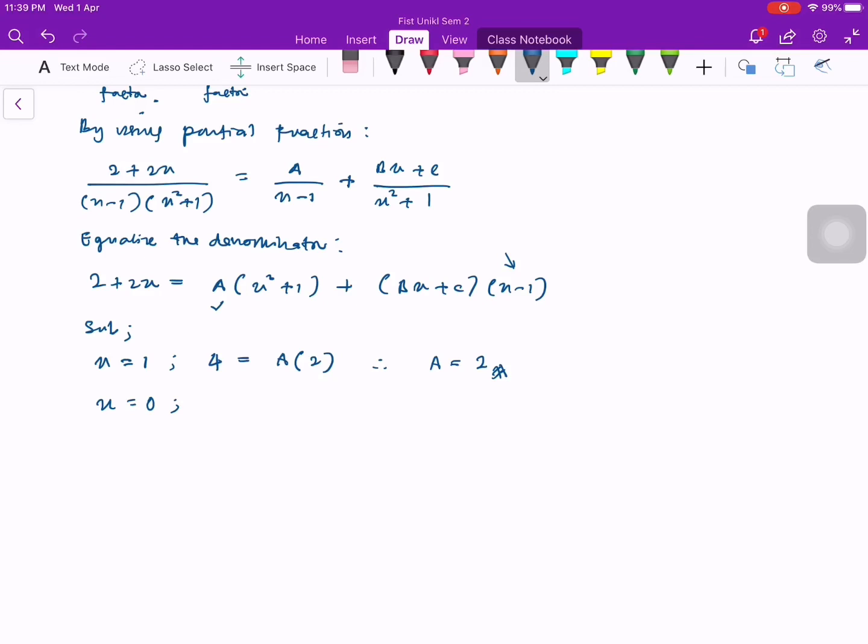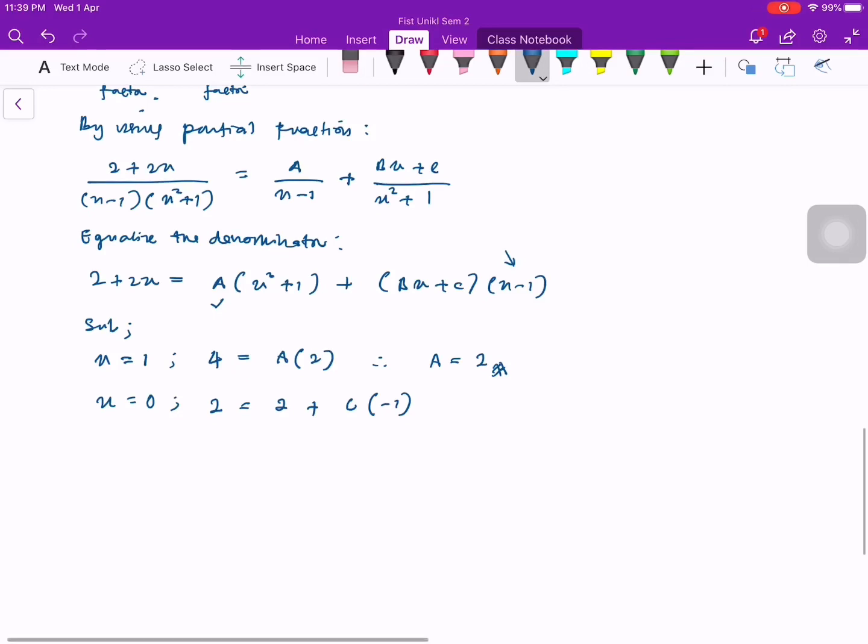That is the reason why I'm choosing x equals 0 for substitution. Here if I substitute x equals 0, I will get 2 equals a, which we substitute with 2, so 2 plus, b becomes 0, then c times minus 1. Then minus 2 becomes 0, then c minus c becomes 0, so therefore c equals 0.